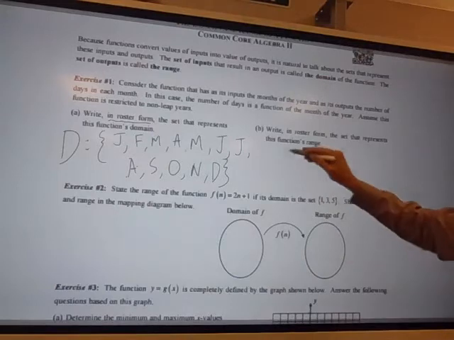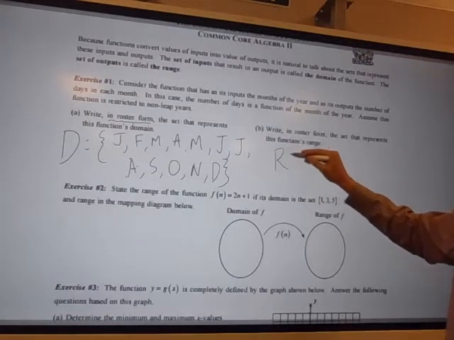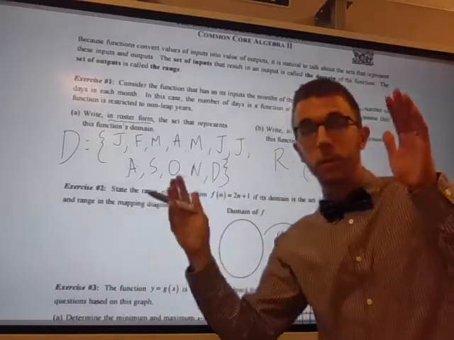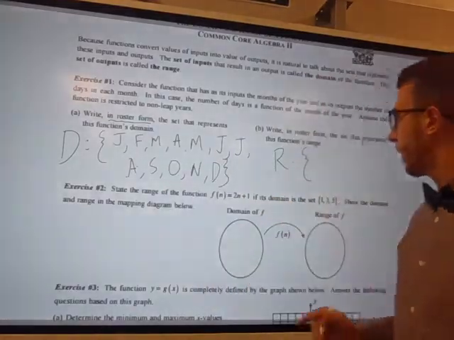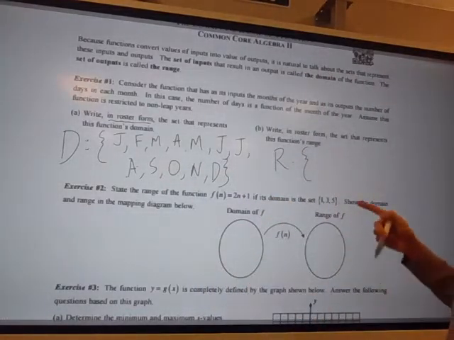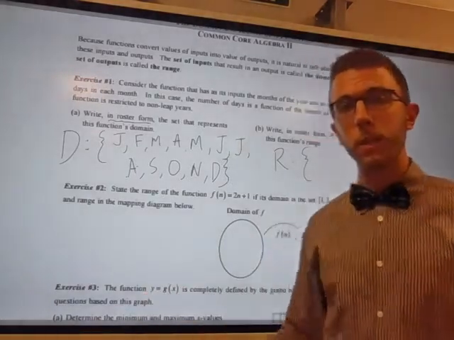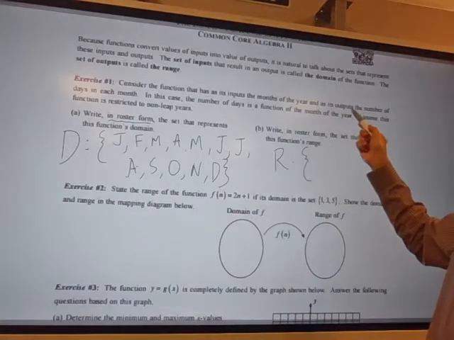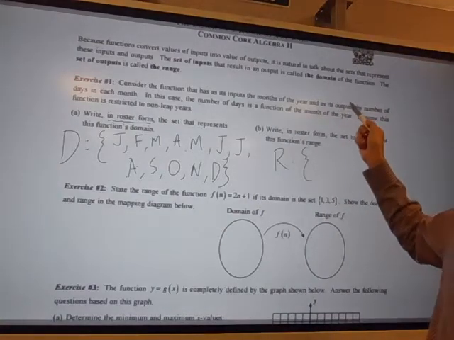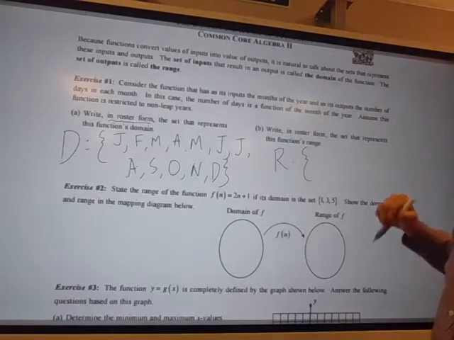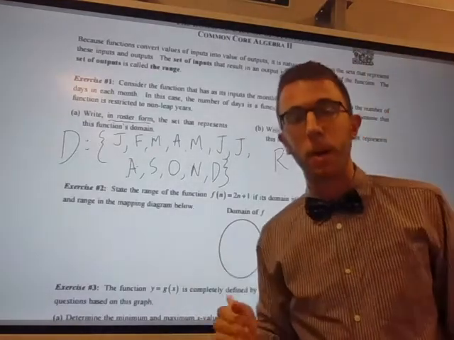But now we go to our range, again in roster form. That's just a fancy way to say a list with the squiggly brackets on the side. So our range, the set that represents this function's range. Well, if we forgot what this function's range is, look back to the question. It says its outputs, so outputs are your range. Outputs are the number of days in each month.